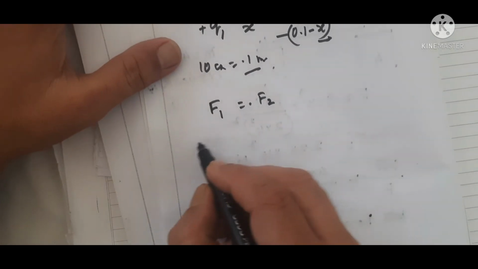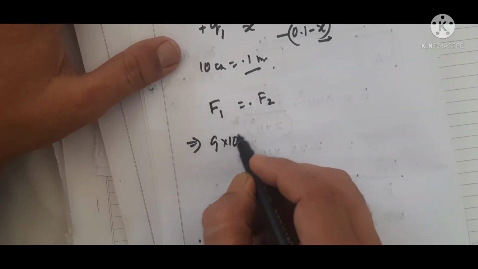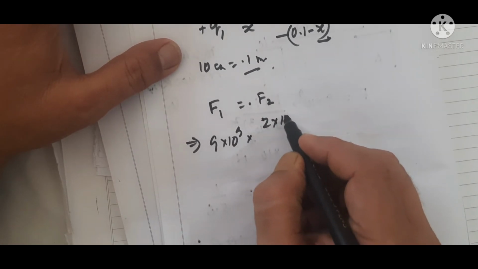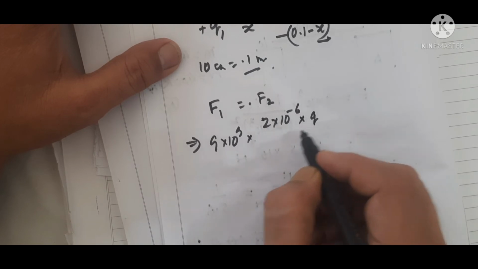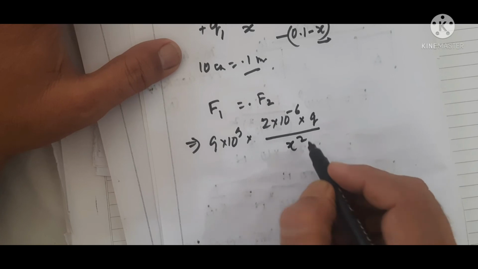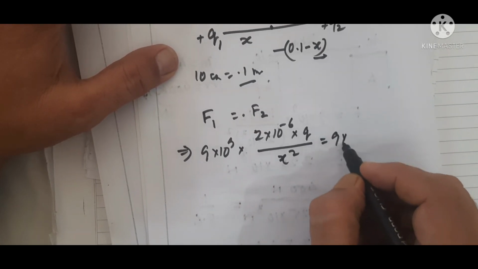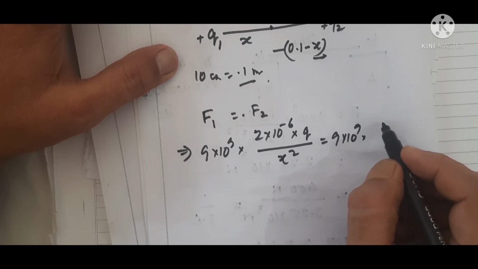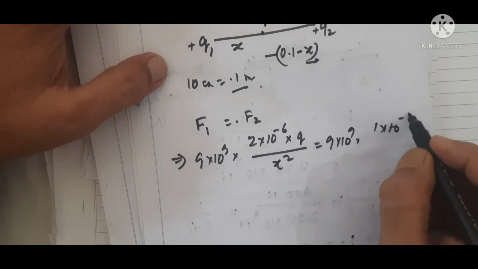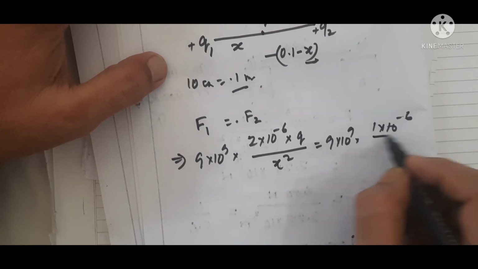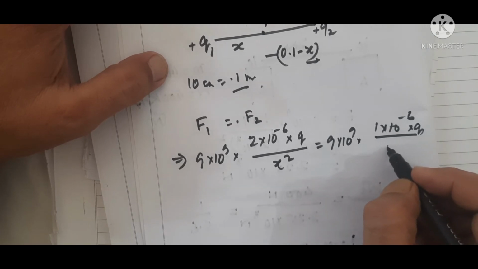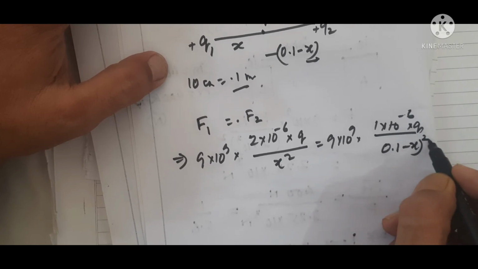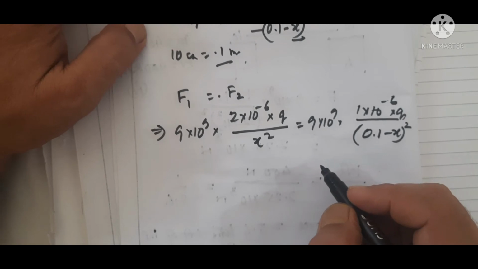So it is 9 into 10 to the power 9 into Q1, Q1 is your 2 into 10 to the power -6, into Q by x square, is equal to 9 into 10 to the power 9 into your next charge 1 into 10 to the power -6 into Q by 0.1 minus x whole square. That should be there.